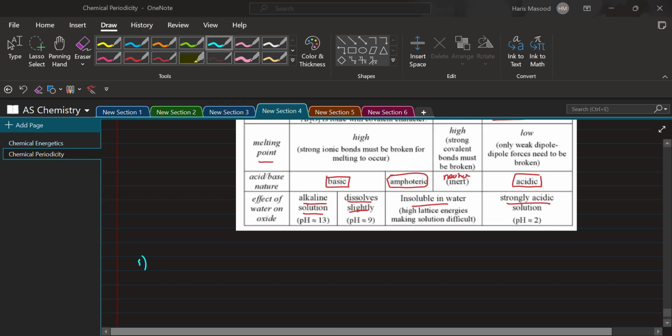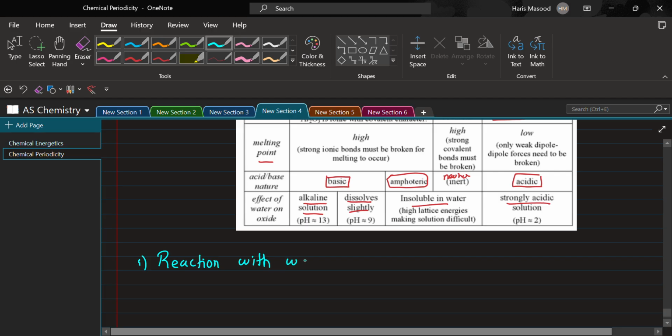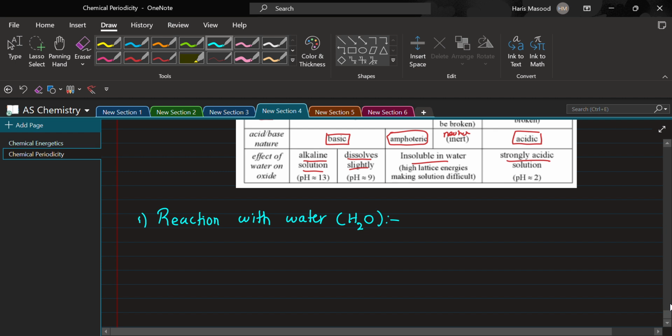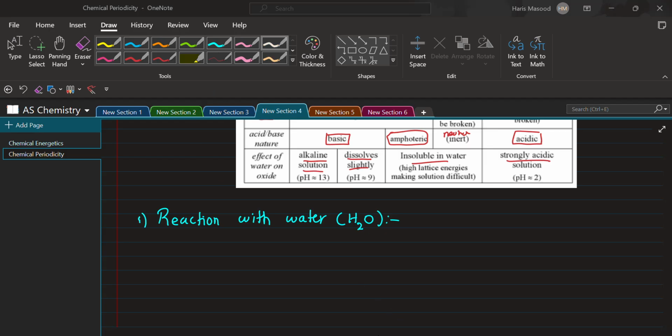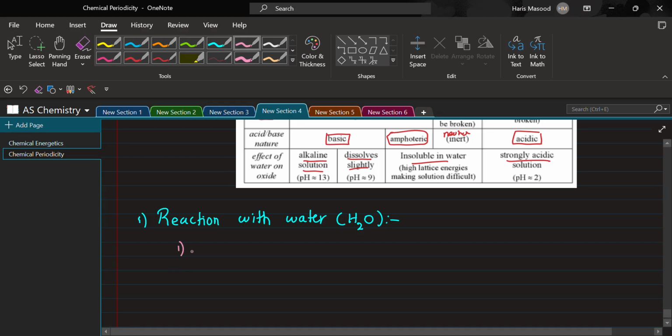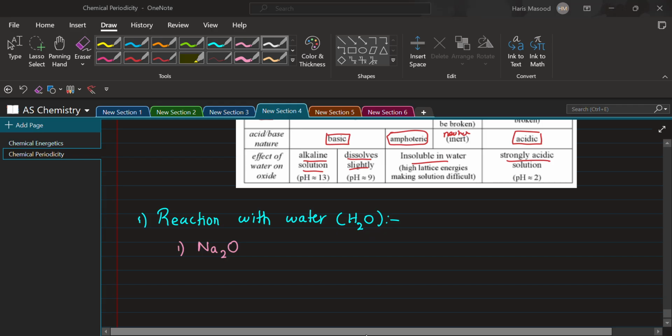First, reactions with water. So for the reaction with water, again first Na2O, sodium oxide, reacts exothermically.